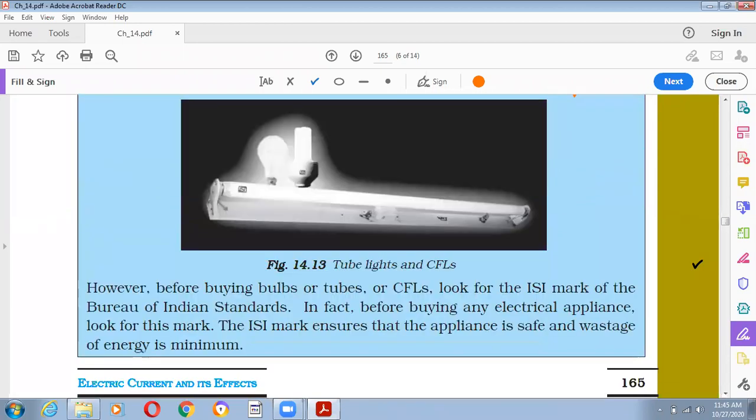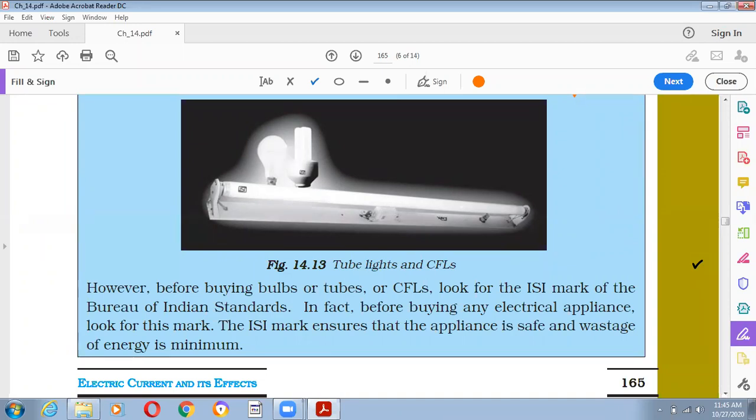These are the CFLs which you have at home, but whenever you go to buy these, you should check the ISI mark, that is Bureau of Indian Standards. Another advantage of CFL is that they can be fixed in ordinary bulb holders.